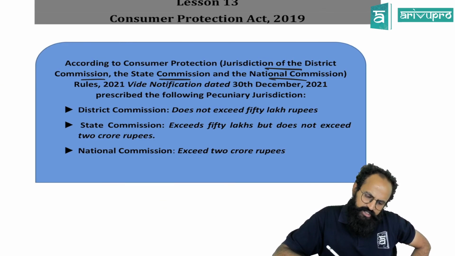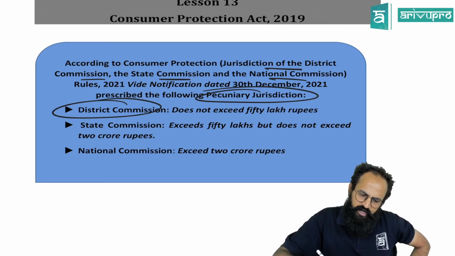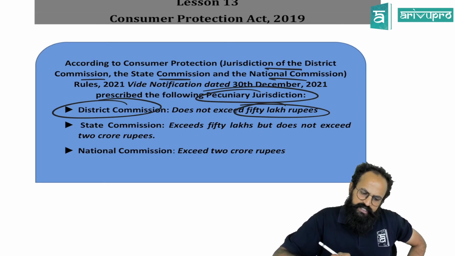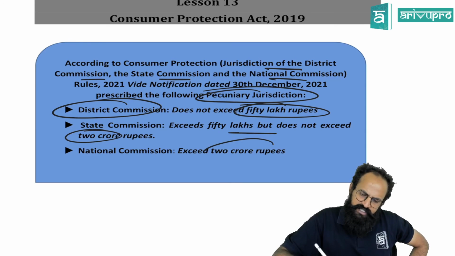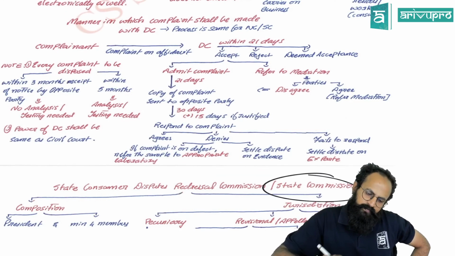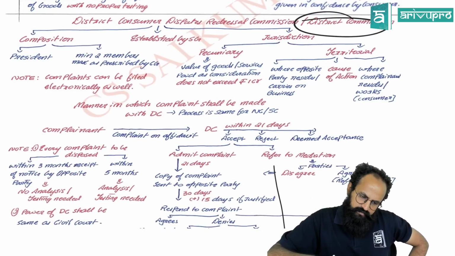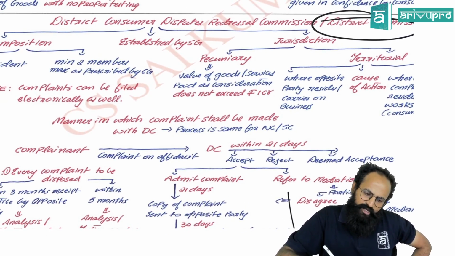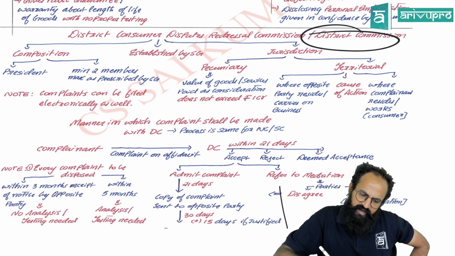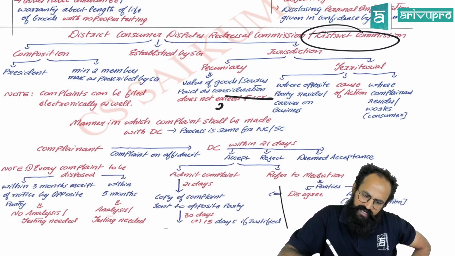Sir, District Commission, the following pecuniary jurisdiction. District Commission, people, does not exceed 50 lakh rupees. State Commission, people, 50 lakh to 2 crore. National Commission, people, exceeds 2 crore. District Commission, the value of goods or services paid as consideration does not exceed, we have written 1 crore, here it becomes 50 lakhs.